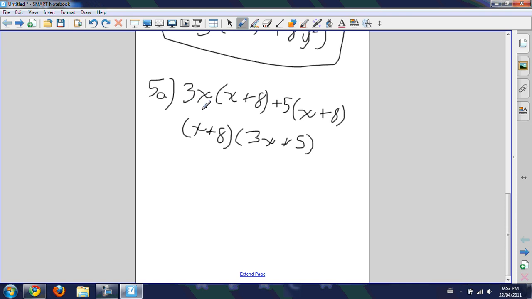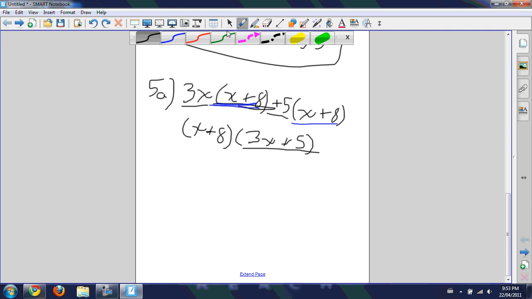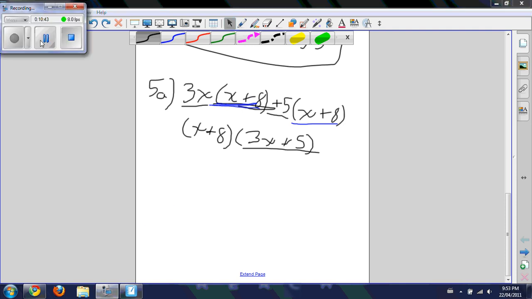Well, that's because 3x here and plus 5 here would make up this bracket. So yeah, that's how you do it.